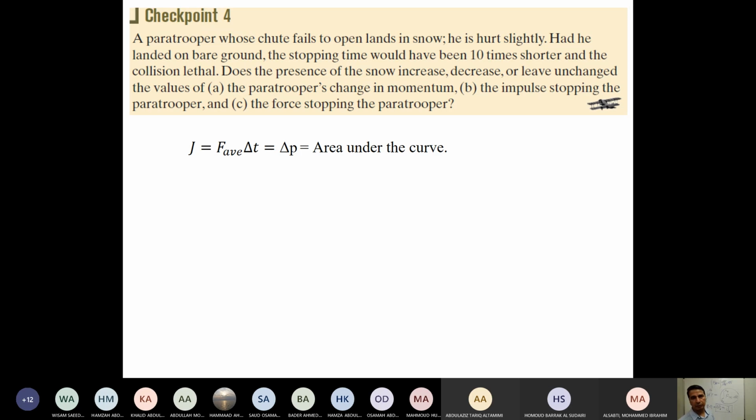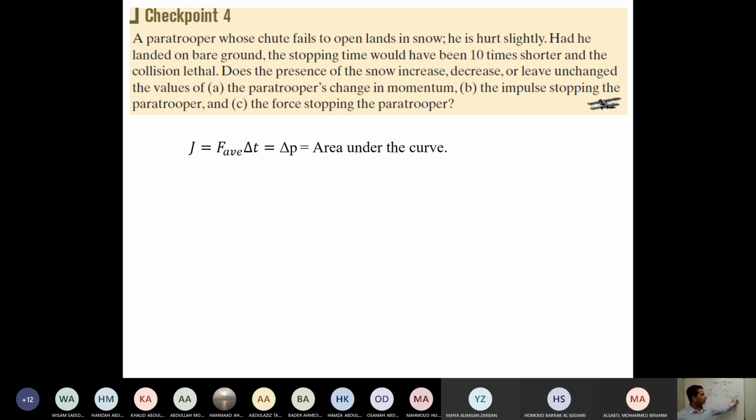Will you prefer jumping to the foam or to the bare ground? Foam. Why? Aren't they the same? Why will you prefer to jump to the foam compared to the bare ground? Not to damage myself or hurt myself. Exactly, this is the thing.